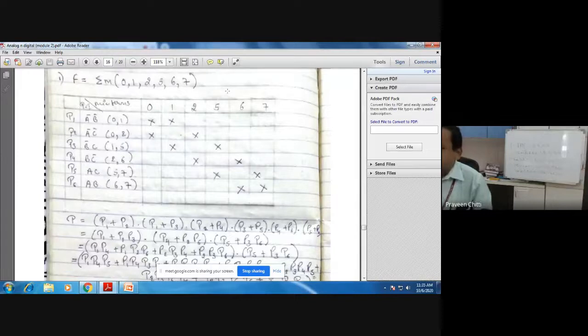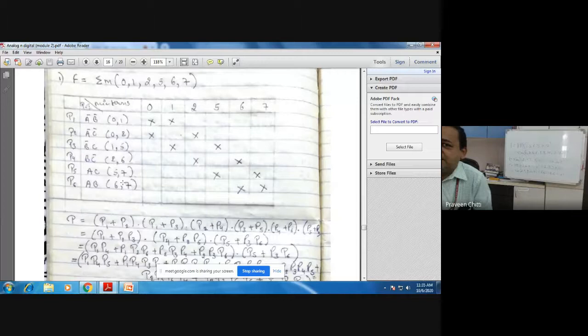You can take it as homework and try this example, and you will come across this type of prime implicant chart. Now, what is the speciality of this chart?